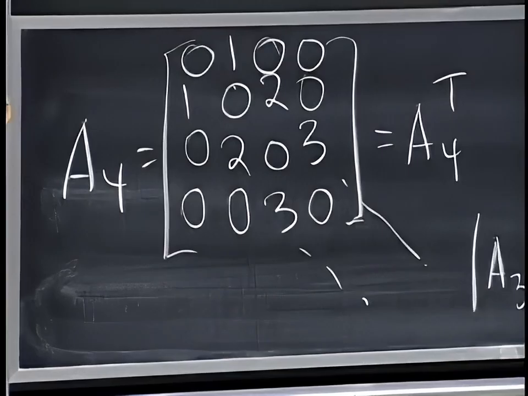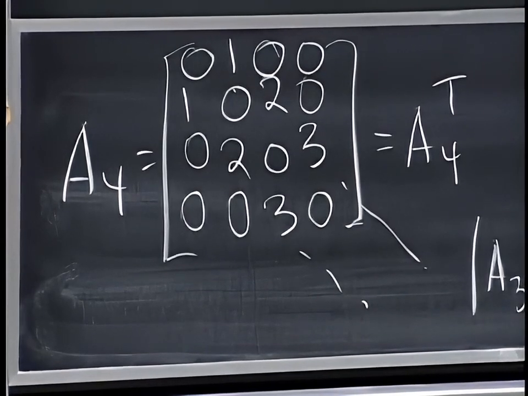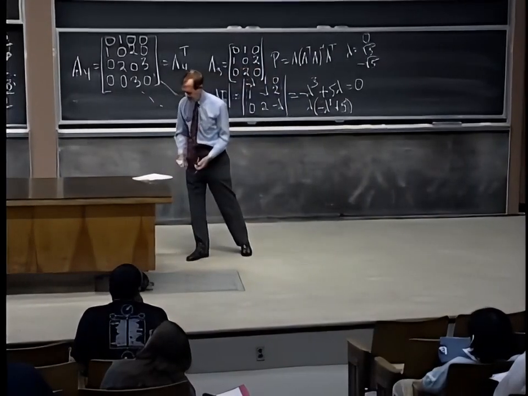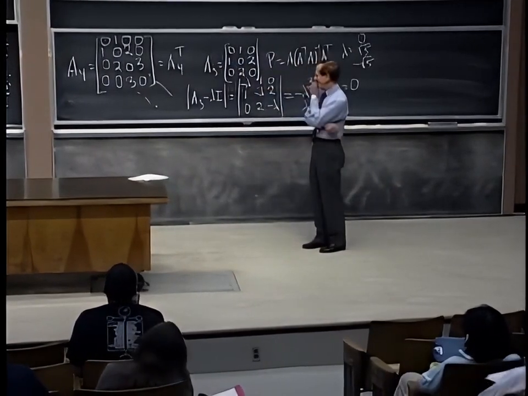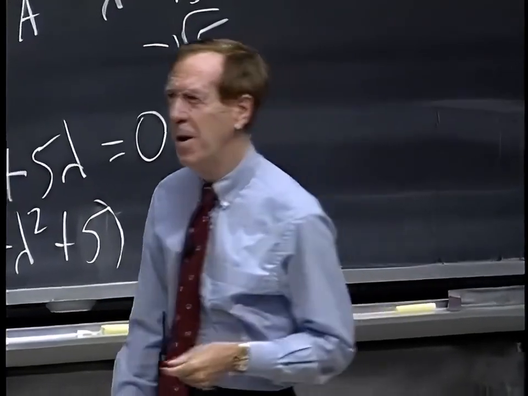What's the projection matrix onto the column space of A4? I don't know whether this is not difficult. It's just either helpful or insulting. What do you think? What's the column space of A4 here?